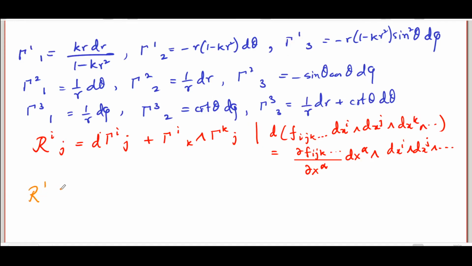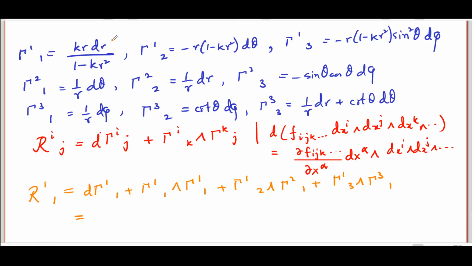So let's start with R^1_1. For this, what you need is to calculate d gamma^1_1 plus gamma^1_k wedge gamma^k_1. So that's really a situation where these two indices are going to be 1 and this is going to be summed over. So it's going to be gamma^1_1 with gamma^1_1, plus gamma^1_2 with gamma^2_1, plus gamma^1_3 with gamma^3_1.